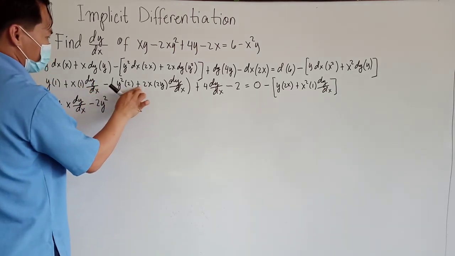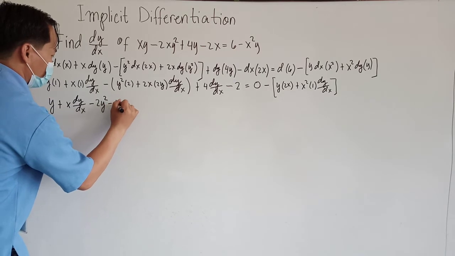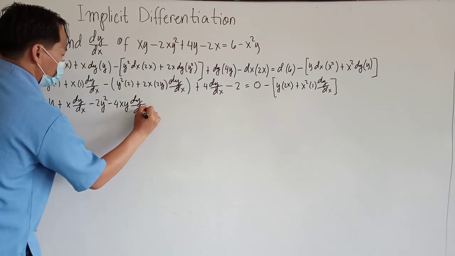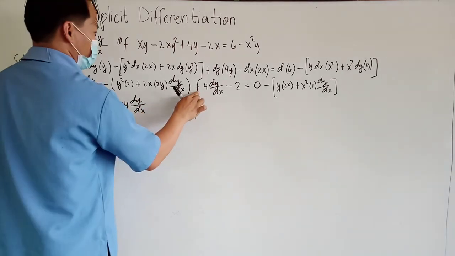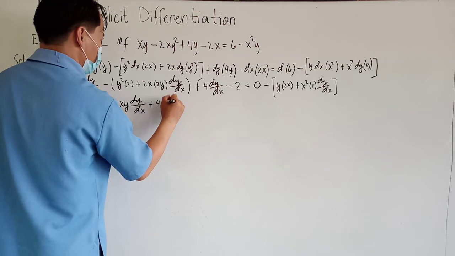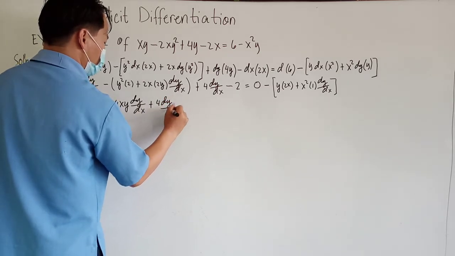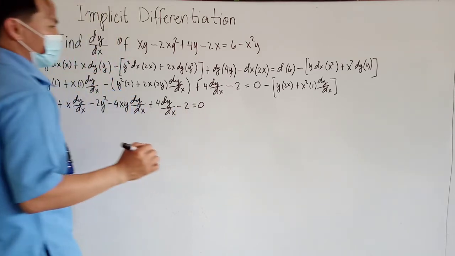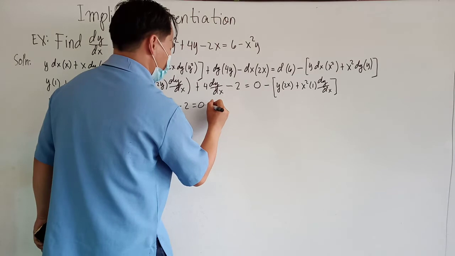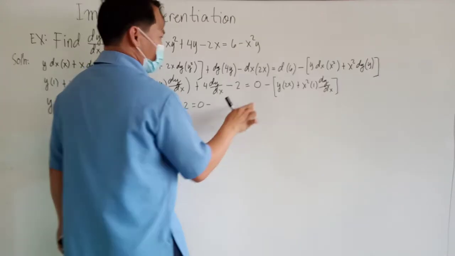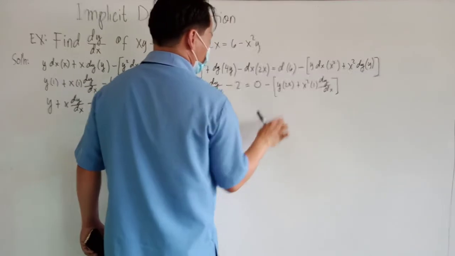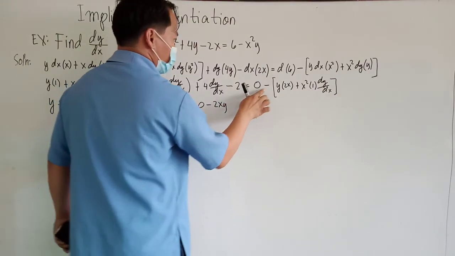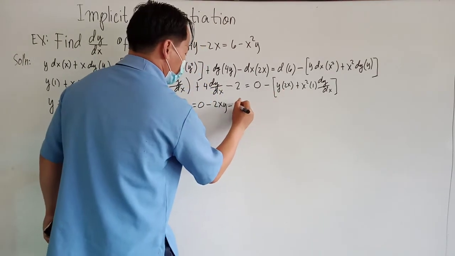Negative times this one is negative 4xy dy over dx. Plus 4 dy over dx. This one, we have here minus the quantity: x times y times 2x is negative 2xy. Negative times all of these quantities is negative x squared dy over dx.